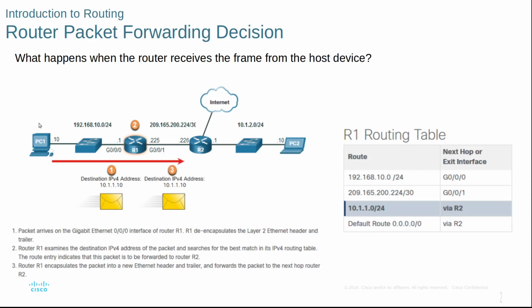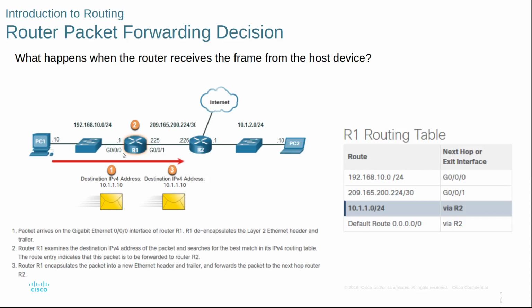The source IP address in this case is going to be 192.168.10.10, because that's the PC that's sending the data. The destination IP is 10.1.1.10. It looks in its routing table and determines it needs to send that to the default gateway, so it forwards it there because it has one configured.